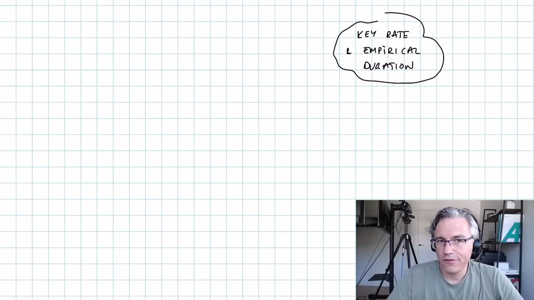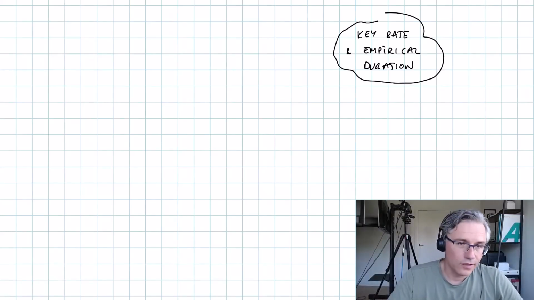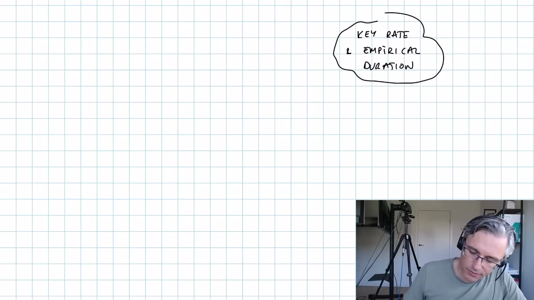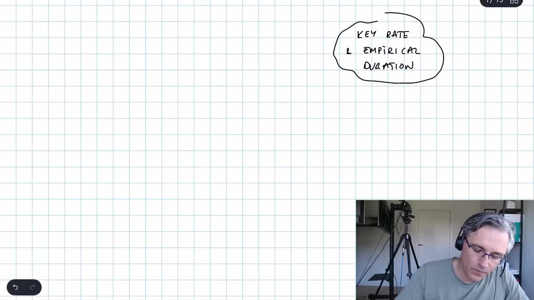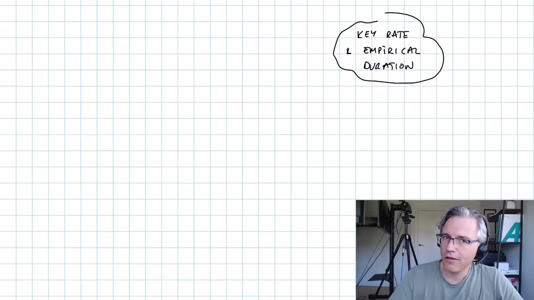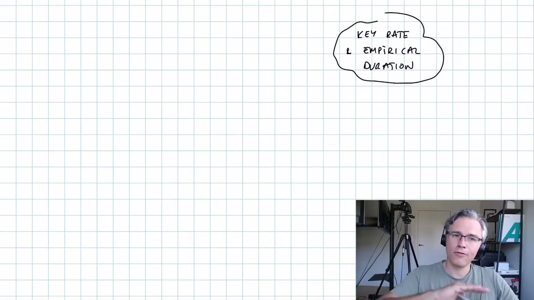Okay, time for the final video in the series on duration and convexity, or risk measures, with a look at something called key rate duration as well as empirical duration. So all the time up till now, when we've been talking about duration, we've been effectively assuming that there is a parallel shift in yields across the yield curve.